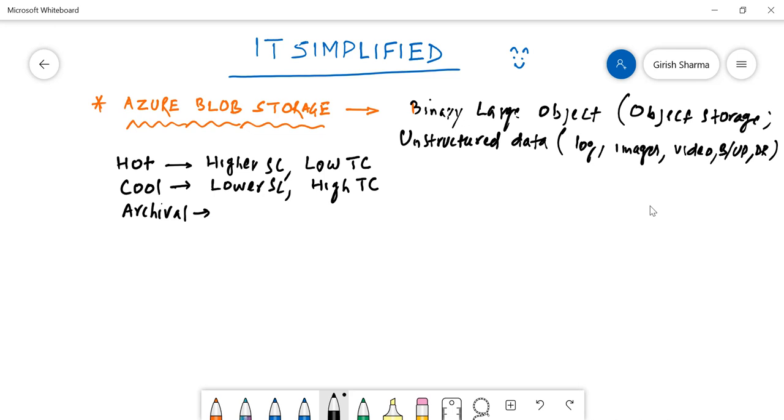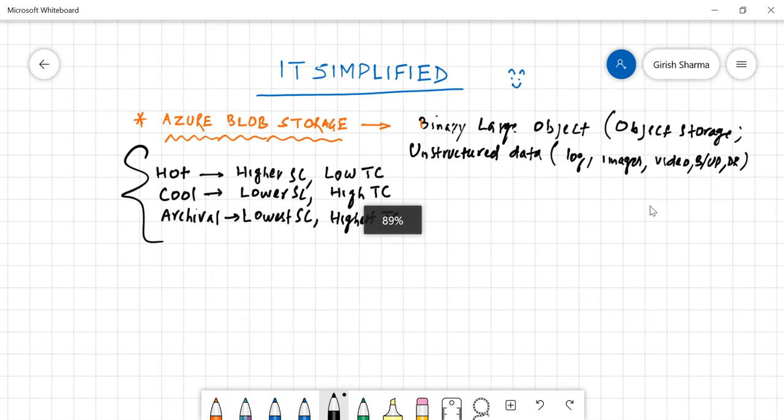And then you have an archival tier which has the lowest storage cost and highest transactional cost. So these are the three tiers which Azure Blob Storage unlocks.